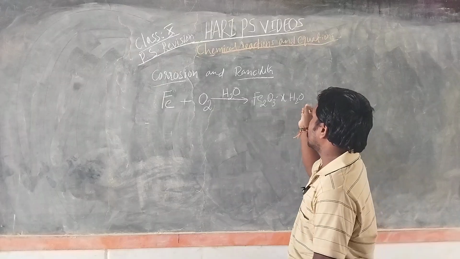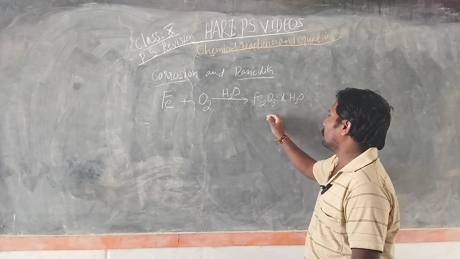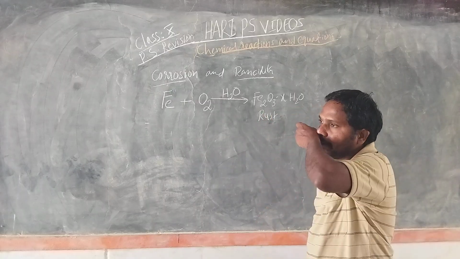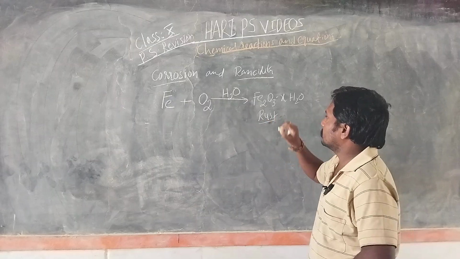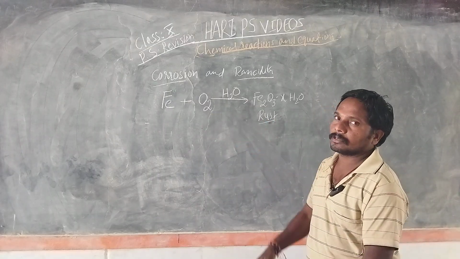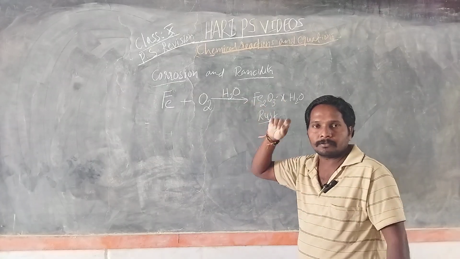So hydrated iron oxide is called rust. This is the formula of rust. So iron reacts with the oxygen present in the atmosphere, and the atmosphere contains water vapor or moisture.